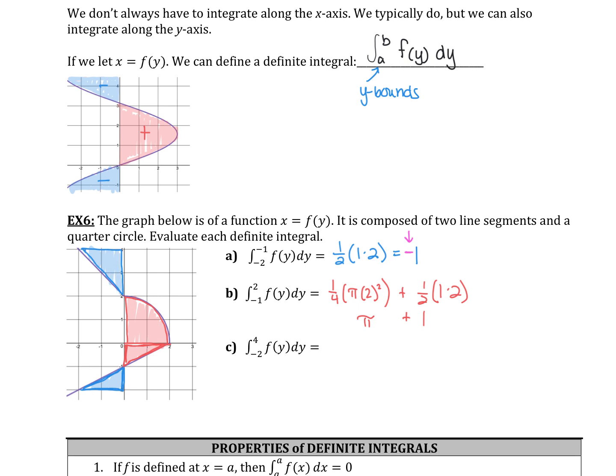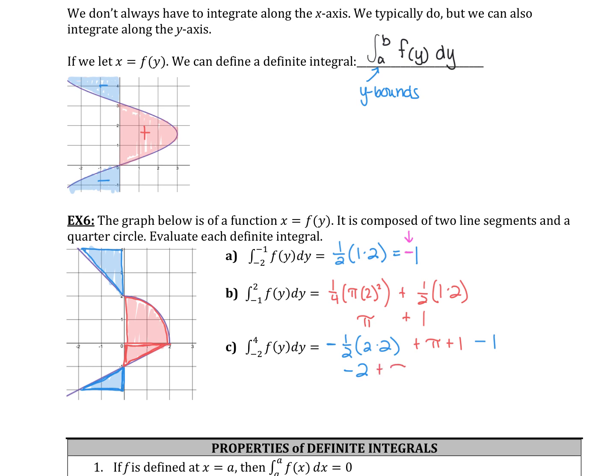So let's start with that one. That is a triangle that's negative, so it's going to be 1/2 of 2 times 2, so half of 4, which is -2. And then I still have that whole red area that I found before, which we said was pi plus 1. And then I have that whole other blue triangle, which we said had an area of -1.